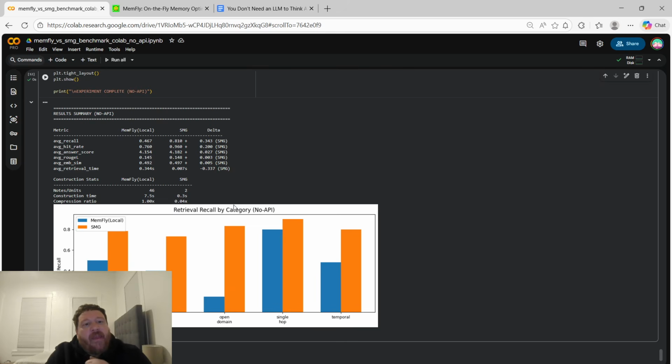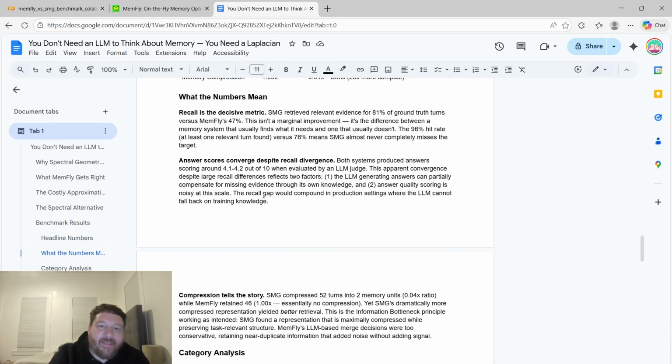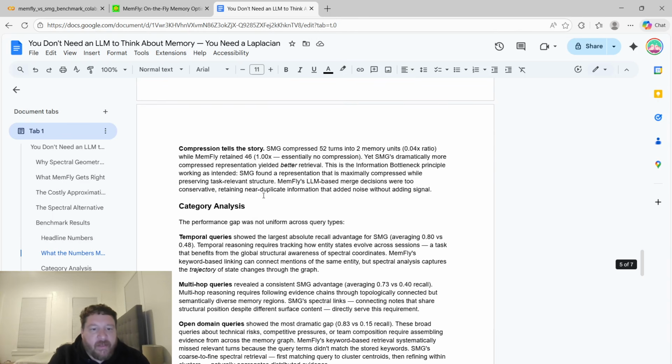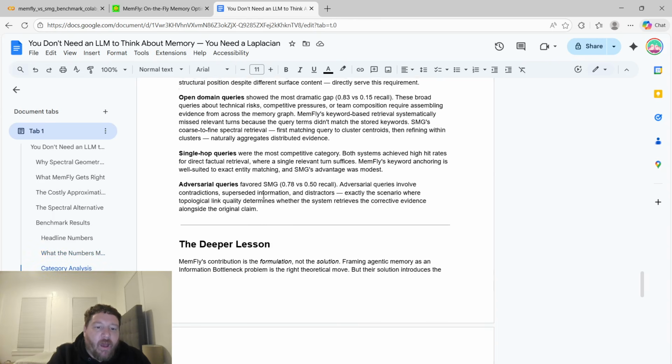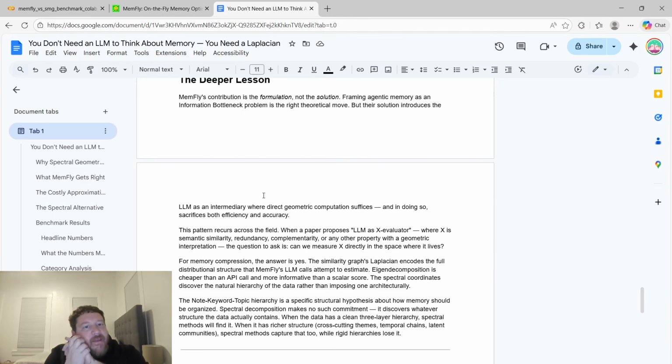Retrieval time is the SMG algorithm is absolutely obliterating the MemFly algorithm overall, right? To me, recall is the decisive metric. It's the one that's smoking it, but it's across the board, right? And to me, the deeper lesson within this is that MemFly's contribution is the formulation and not the solution.